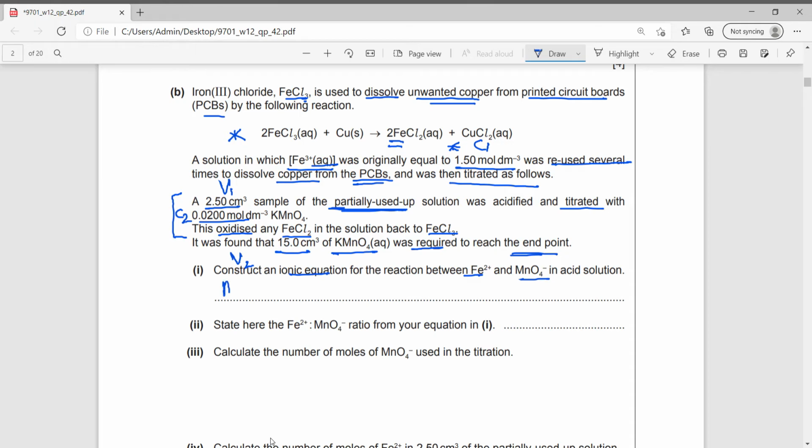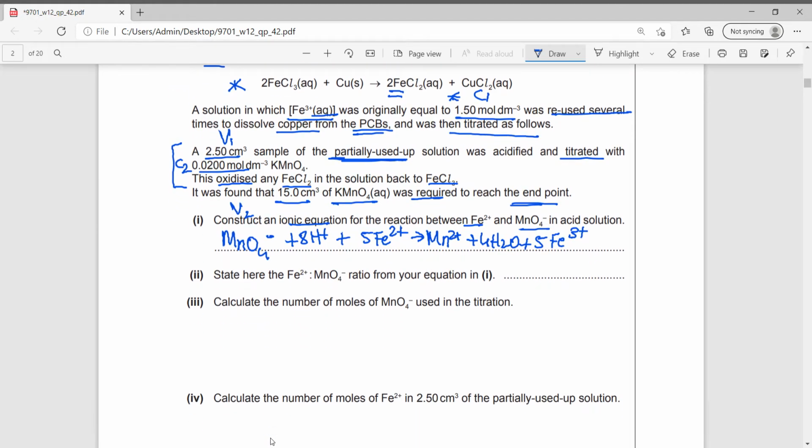So the redox equation that I've constructed is MnO4- + 8H+ + 5Fe2+ turns into Mn2+ + 4H2O + 5Fe3+. Then the next part of the question asks you to state the ratio of Fe2+ to MnO4-. So MnO4- is 1, and Fe2+ is 5, so it's 5:1.